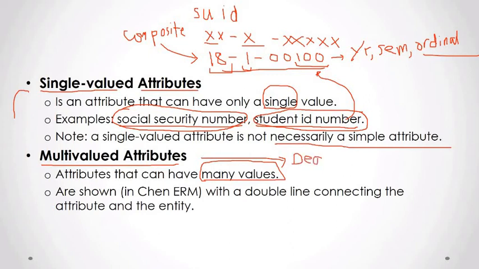Okay. So a company, when they hire someone, they record normally the degree. So degree can be more than one, depending on the person. So some will have only one, some will have many.